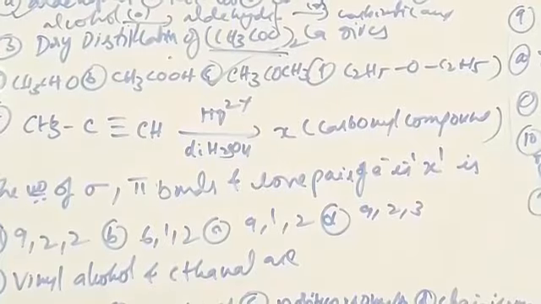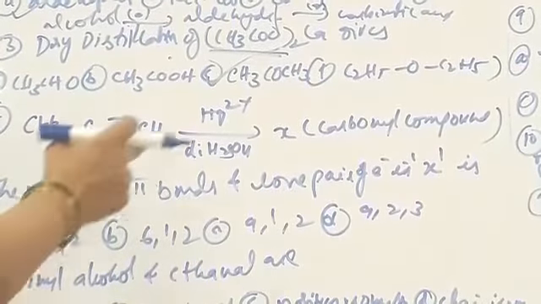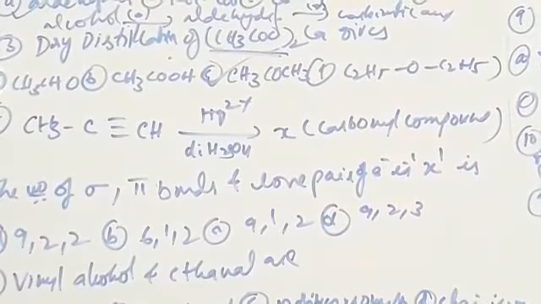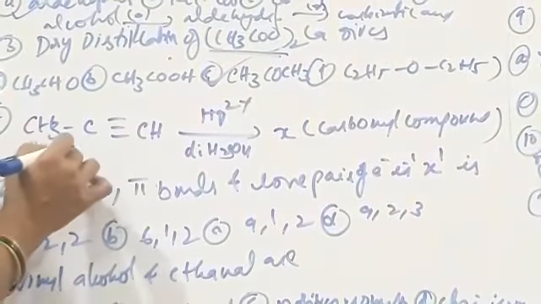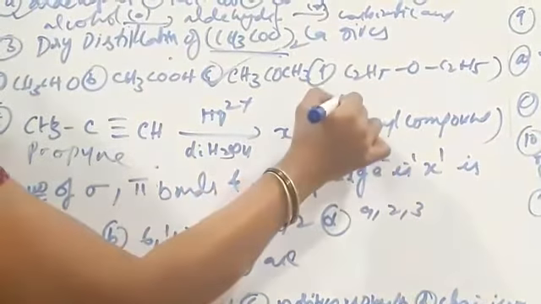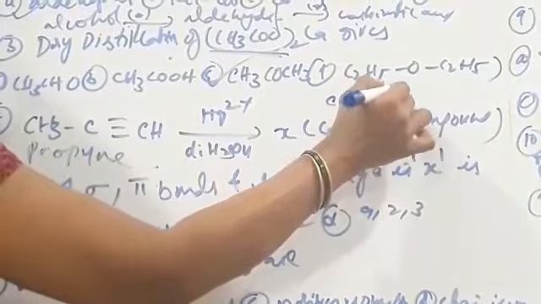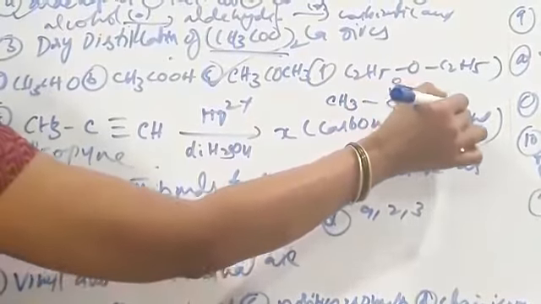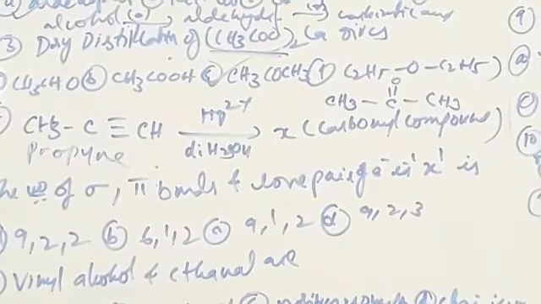Alkynes undergo addition with water in presence of mercury ions and dilute sulfuric acid. So here the alkyne is propyne. With propyne we will get acetone. The carbonyl compound here is acetone.